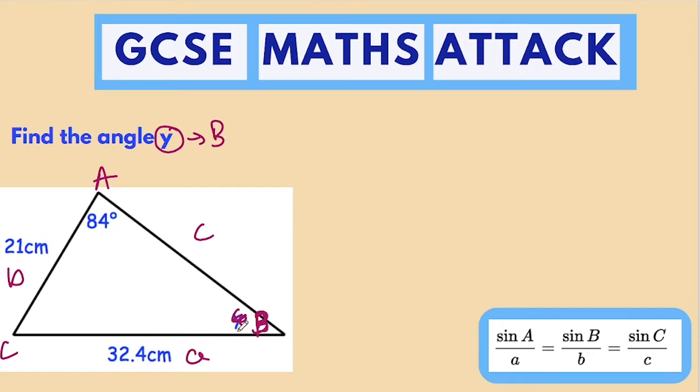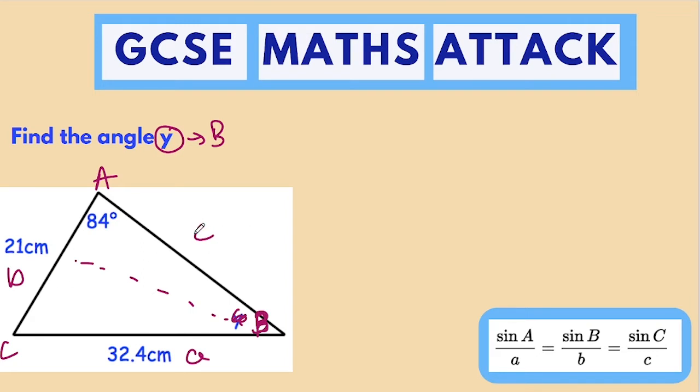So I need to be given at least one piece of information about B if I want to work out the angle of B. So I've been given the side length. Now, because I've been asked to work out the angle, I'm going to use this formula. So I don't really need to change it. What else have I been given? Have I been given any information about C?